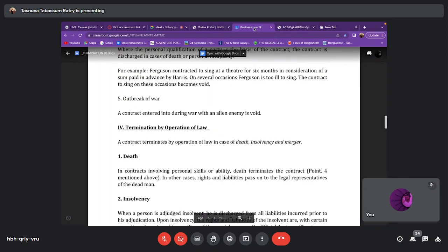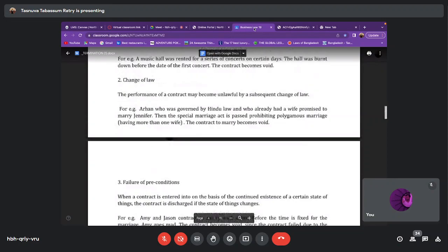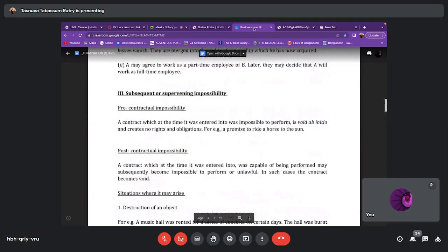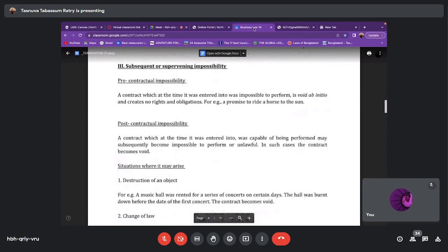So these are the 5 situations. If any of the situations arises, the contract will be terminated by subsequent or supervening impossibility. So what are the situations?